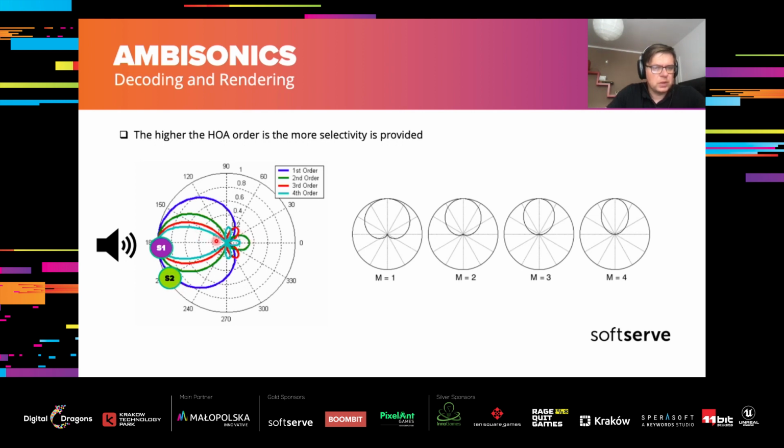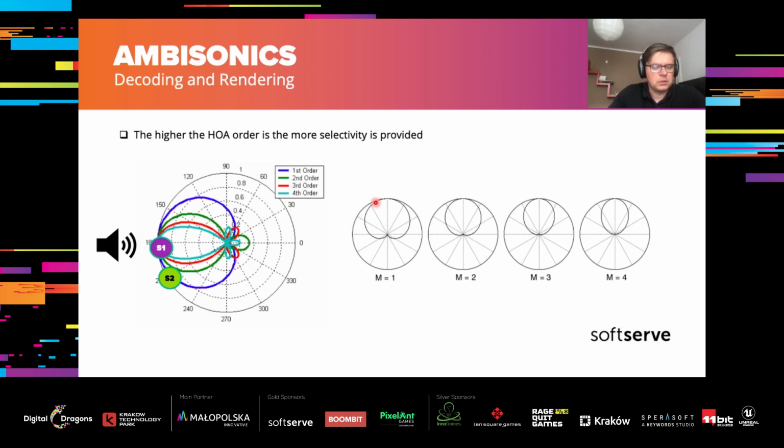But when we decode fourth order ambisonics, we can see that this directivity pattern is much narrower, and it captures actually only source number 1. So the signal that will be derived from fourth order ambisonics and then played with the speaker will contain only audio generated by source number 1.